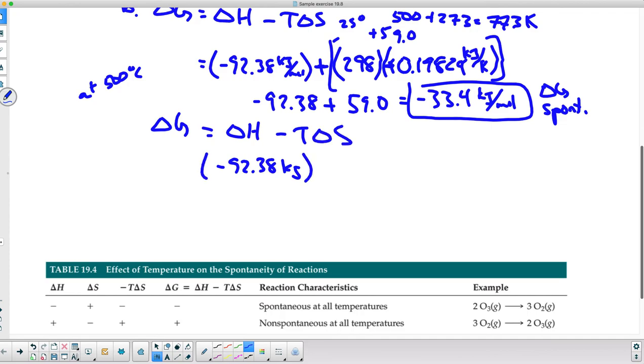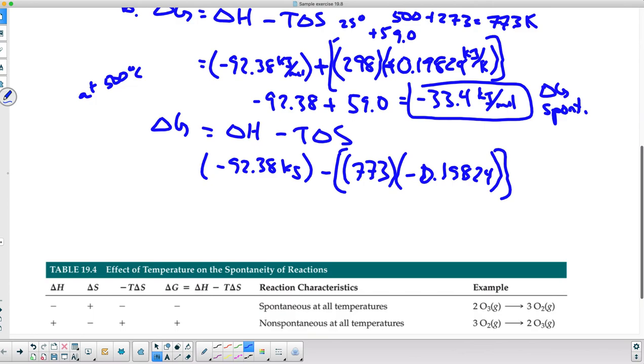Here's where the difference is. Minus 773 times negative 0.19824, like that. And then here we get a much larger number. Let me grab my calculator so I can be done with this. So 0.19824 times 773 equals, now look at the difference here.